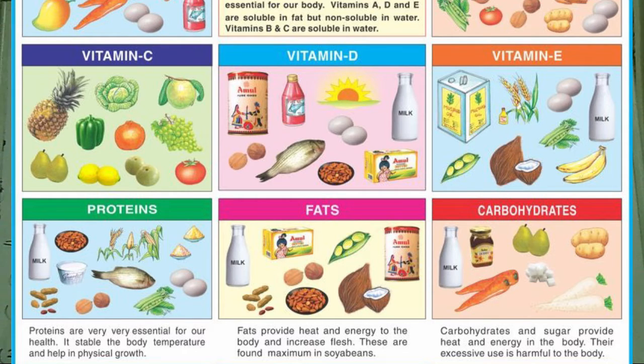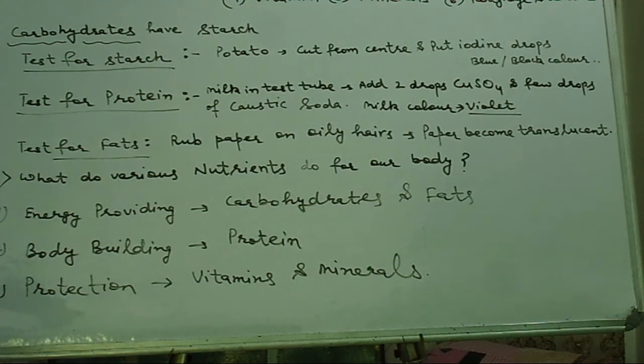The sources of protein are some of the pulses, the majority of the pulses, and so many beans, like pea, rajma, and so many other beans. They contain protein in maximum amount. Soya bean is a good source of protein.